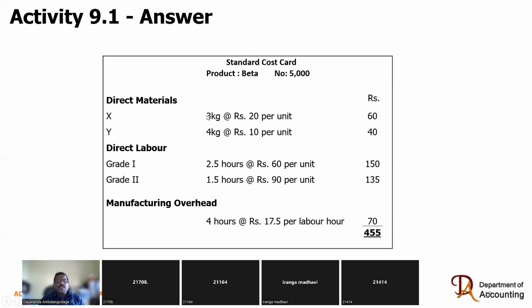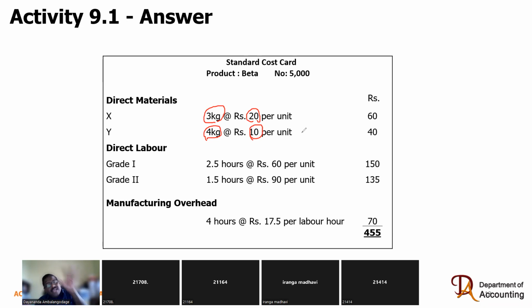to produce one unit of, you see, one unit of beta, you can use only 3 kg. In terms of Y, you can use only 4 kg. And you have to buy it for 20 rupees per kg, and the other has to be bought at 10 rupees.